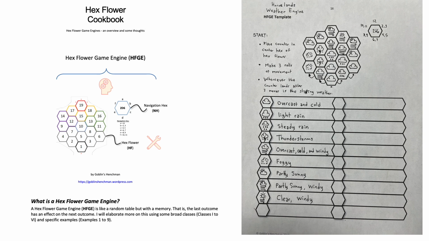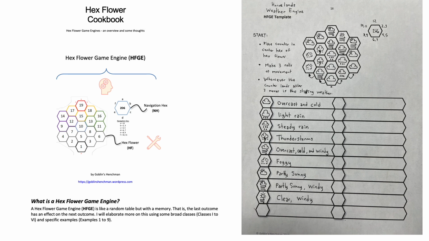This navigation hex is what we're going to roll on to move through the Hexflower and get our entries. And the Hexflower is going to be designed in such a way that each of these entries has some relationship to the ones next to it. And you can move in any of the 6 directions, provisionally. We'll get to that.